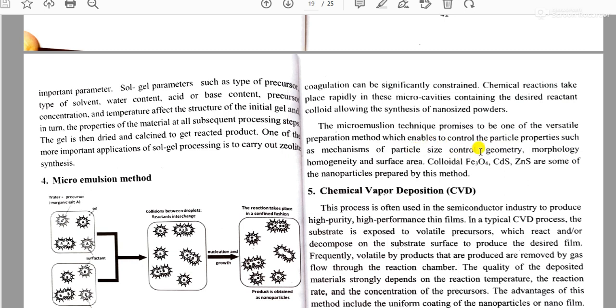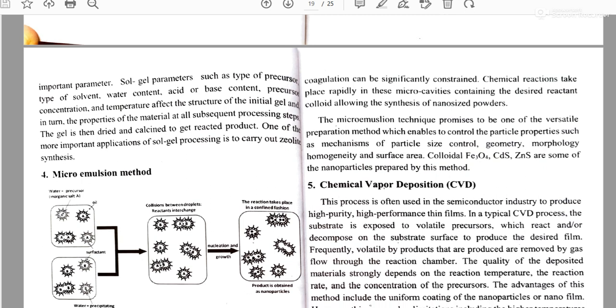We can get good geometry, or we can have better control over the morphology, homogeneity as well as the surface area of the nanoparticles formed through the microemulsion method. Then colloidal Fe3O4, cadmium sulfide, zinc sulfide are some of the nanoparticles prepared by this method.